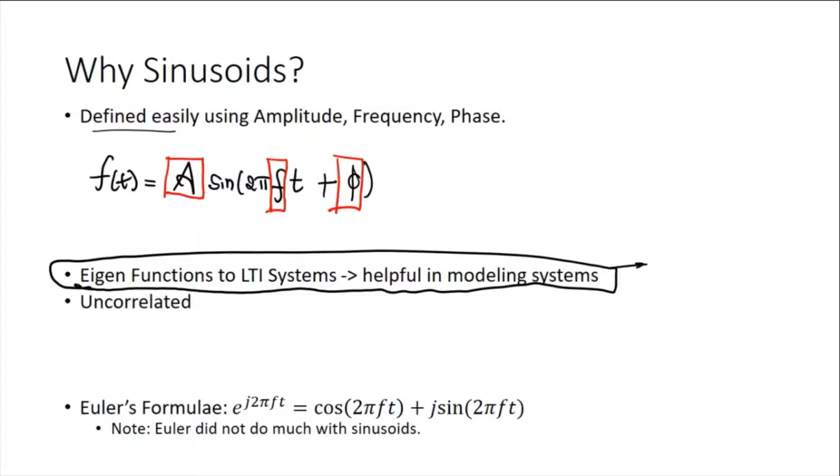This is a little bit complex, so if you do not understand it right now, wait for the rest of the lecture. Towards the end, I will talk to you about this. This is the main reason why expressing something as a sum of sinusoids is really good. And the second main reason is that sinusoids are uncorrelated. So what does uncorrelated mean?